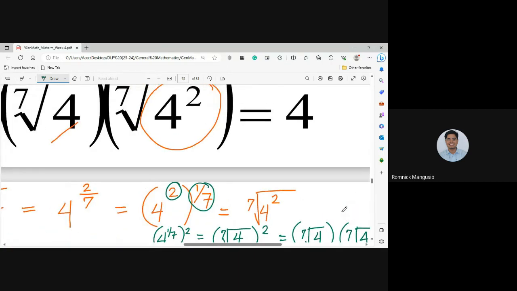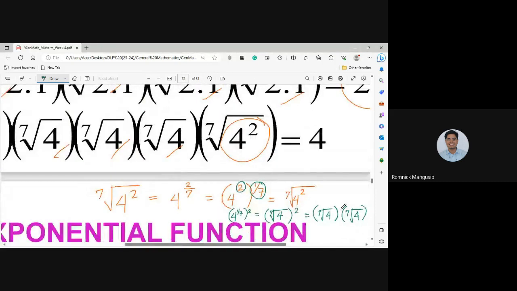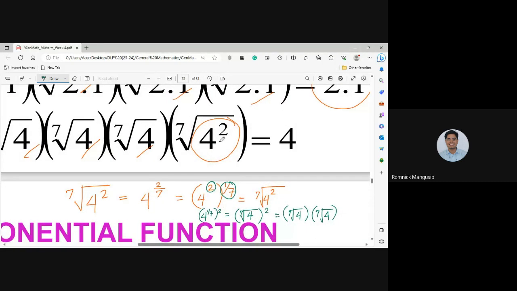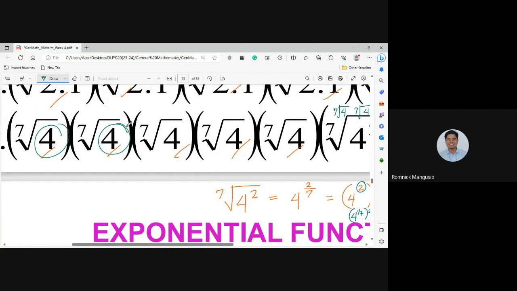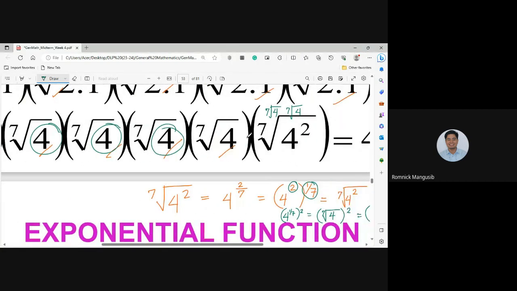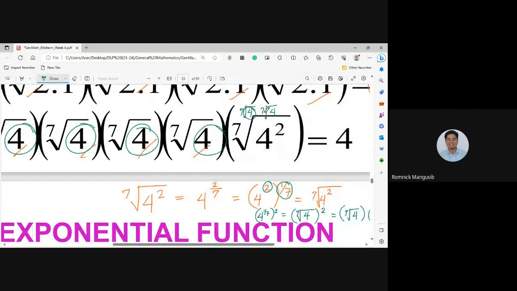Which means now na itong si 7th root of 4 squared na to ay dalawang 7th root of 4. So kapag i-count mo pa rin, 7 pa rin sila. 1, 2, 3, 4, 5, 6, and then 7.